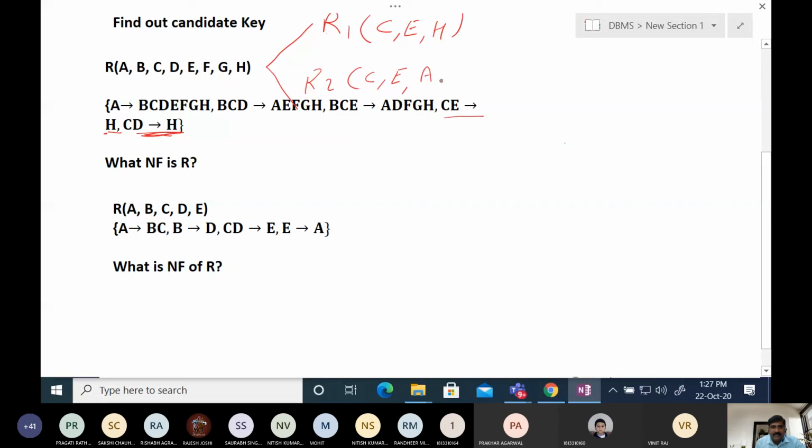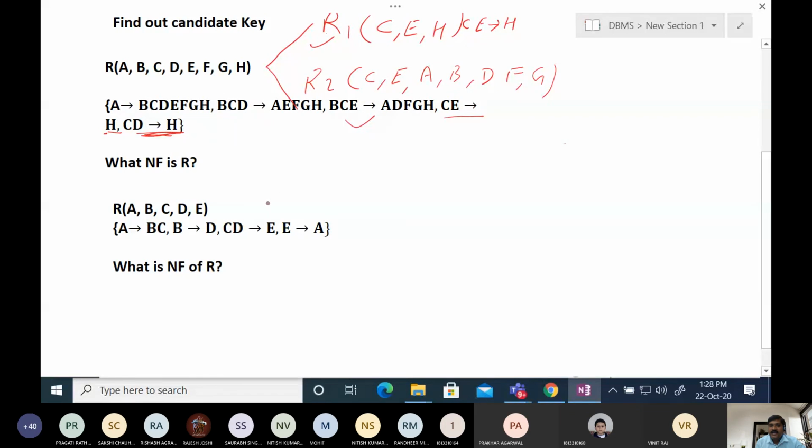Then here we will write A, B, D, F and G. Then this FD moves over here, CE determines H. Then CD determines H, neither holds in this nor holds in this. Means here is a loss of FD.